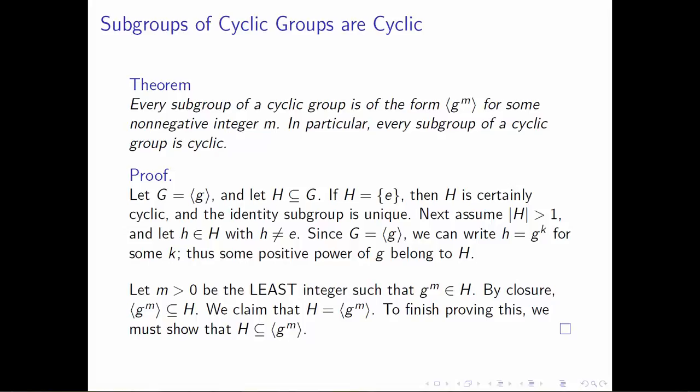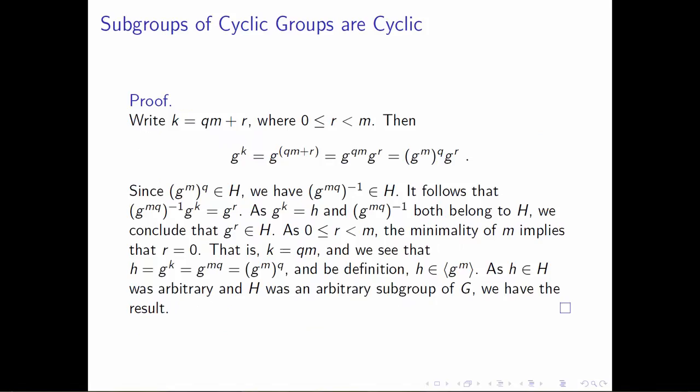So that's the theory of the proof and the idea behind it, but all of the details are on here. You use a little division algorithm here, and you use the property that you've really and truly got the least power here in order to conclude that this k you started out with is actually a multiple of the number m, which is what you want to do.